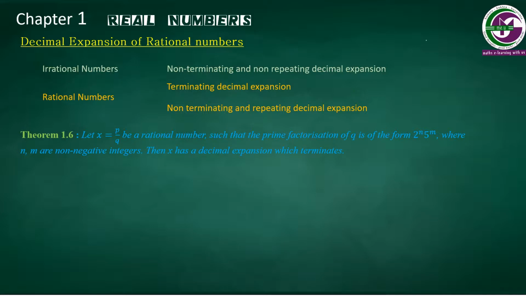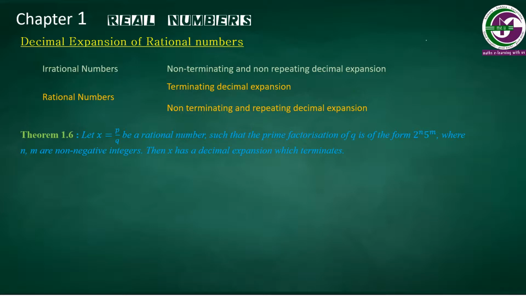So when the prime factorization of the denominator is of the form 2 raised to n times 5 raised to m, that means the factors are 2 and 5 only, then the fraction has a decimal expansion which terminates.